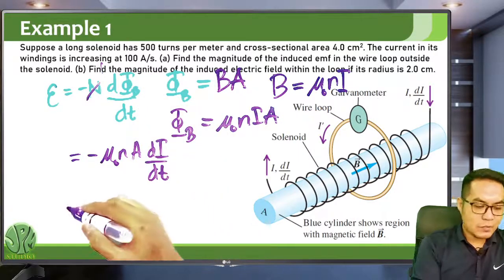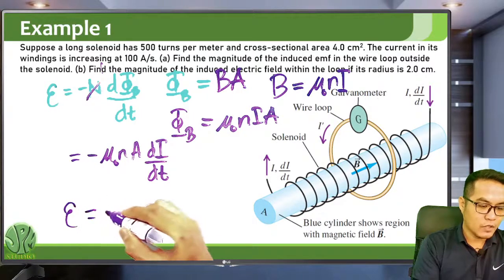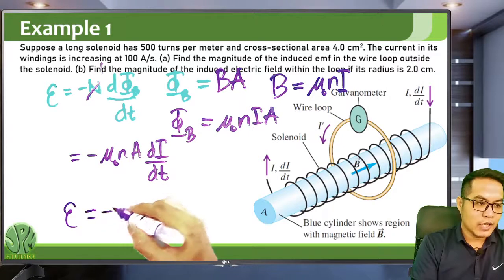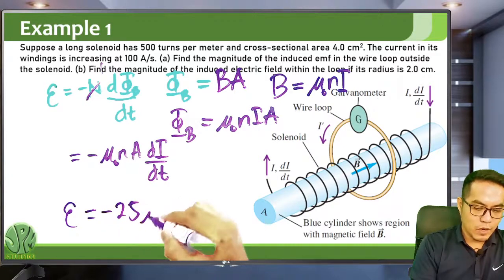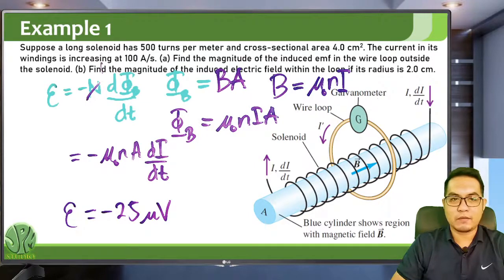So substituting all of those values, we will get negative 25 microvolts. Negative 2.5 times 10 to the negative 5 volts, or negative 25 times 10 to the negative 6 volts, or microvolts. Micro means times 10 to the negative 6.